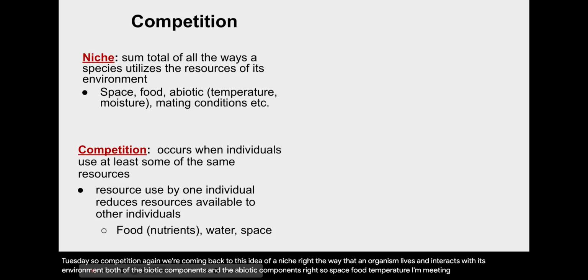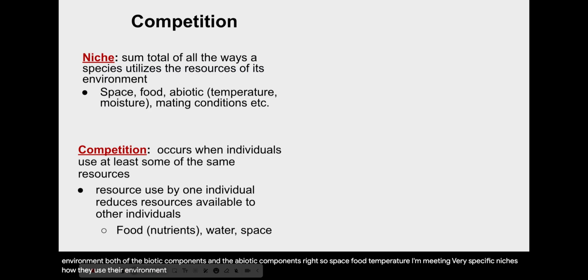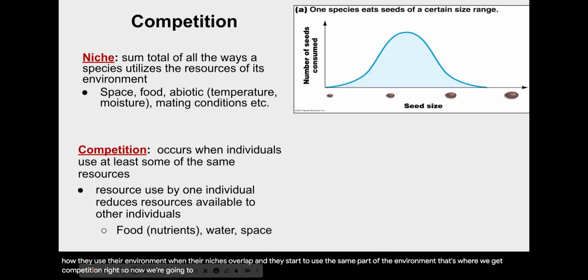So when we have organisms that have these very specific niches, how they use their environment, when their niches overlap and they start to use the same part of the environment, that's where we get competition. Right? So now we're going to be competing for resources. Again, the competition for resources could be food. It could be where to build your nest. It could be competition to find a mate.